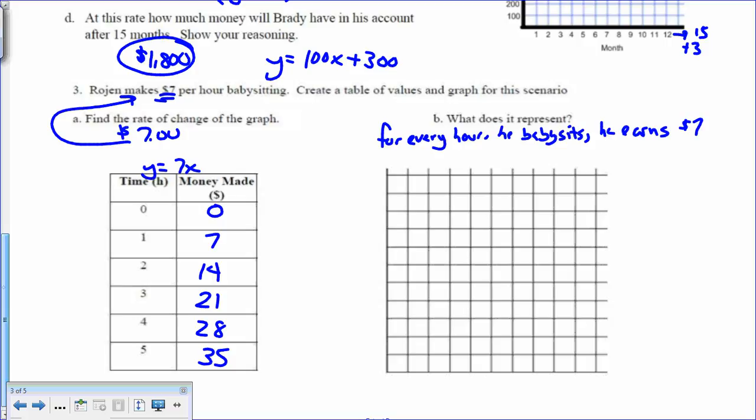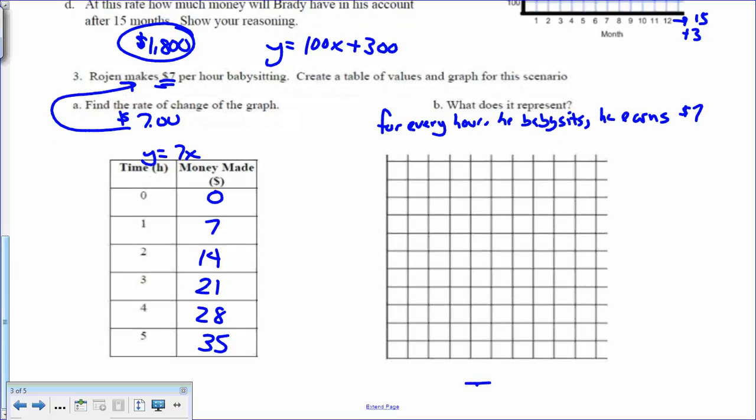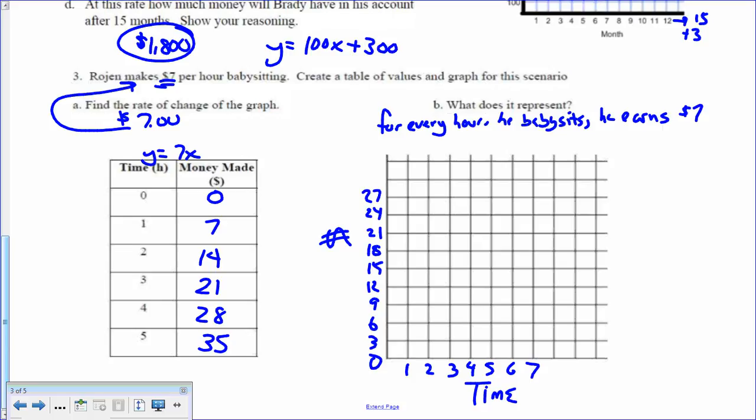So since our money made is dependent upon time, our time variable is down here, and our money is right here. So again, if we go by 1's down here, and I don't know, get to 35, we could go by, I don't know, 3's. Excuse me. I get an idea.